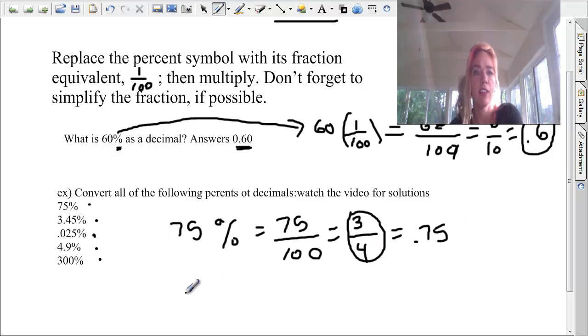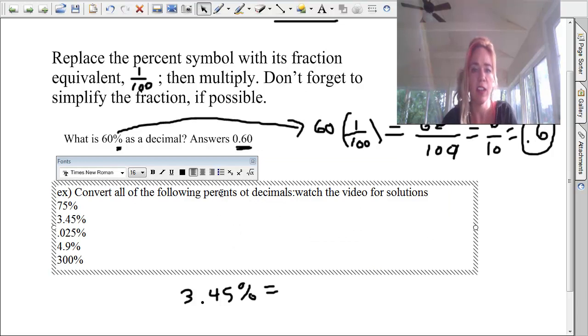Okay, let's try the next one. 3.45%. Now, I do want to mention, some people say, look, if you're just trying to get it back into decimal form, ooh, I just noticed the typo there. Let me fix that.